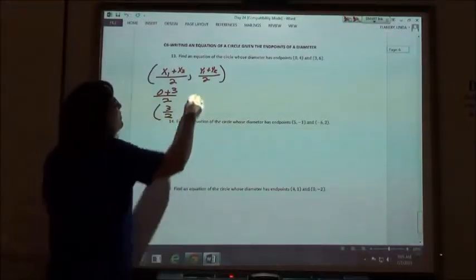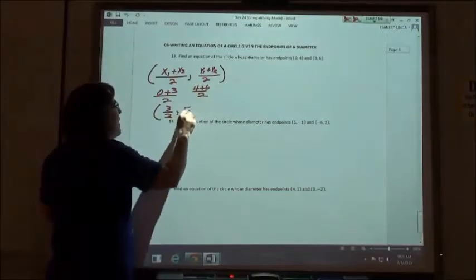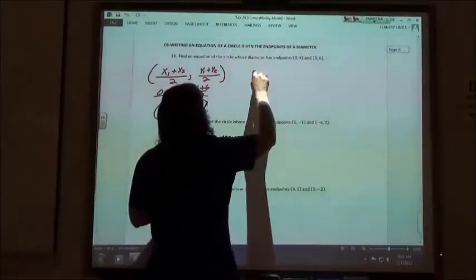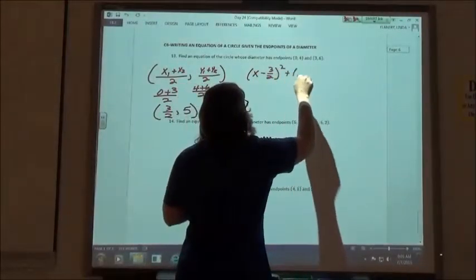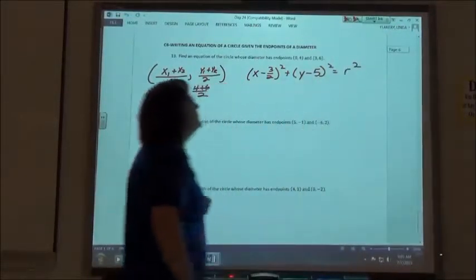And then 4 plus 6 divided by 2, 10 over 2 is 5. So I know my center is going to be at (3/2, 5). So I'm going to say (x - 3/2)² + (y - 5)² = r².